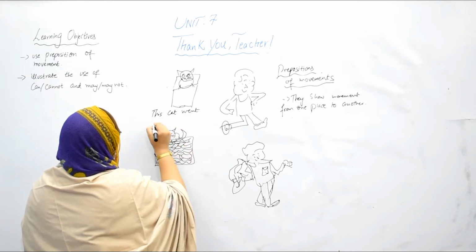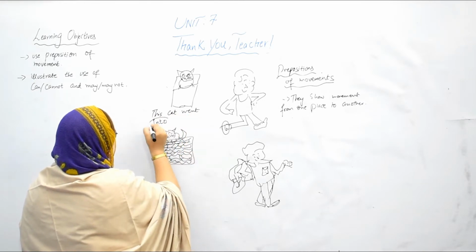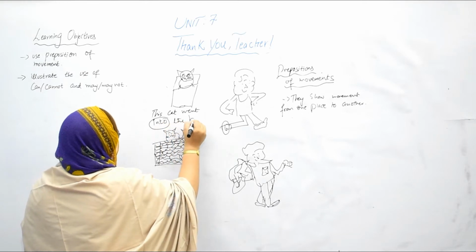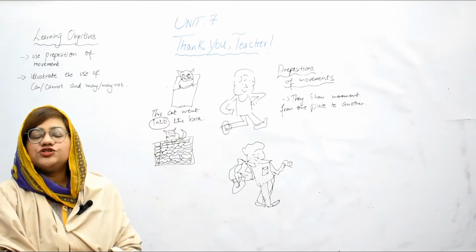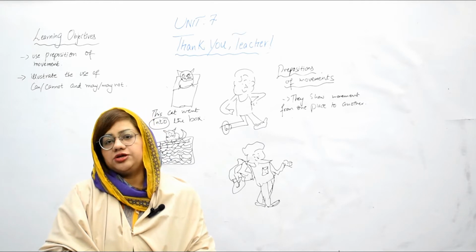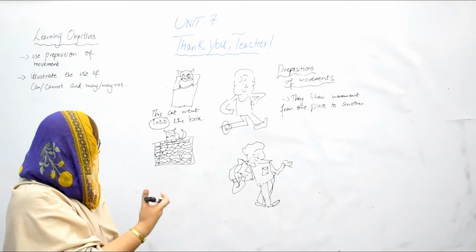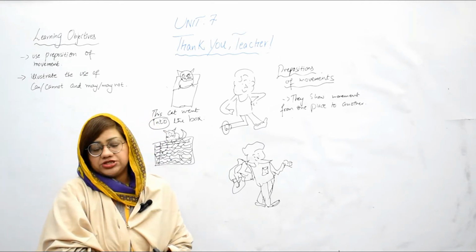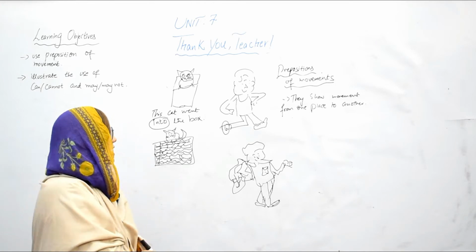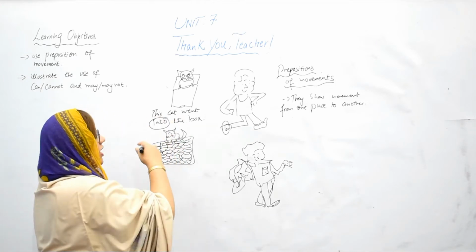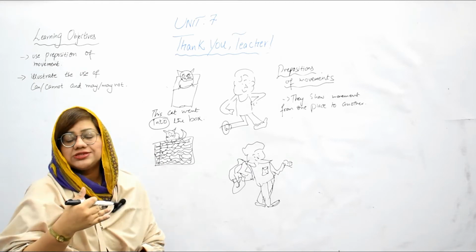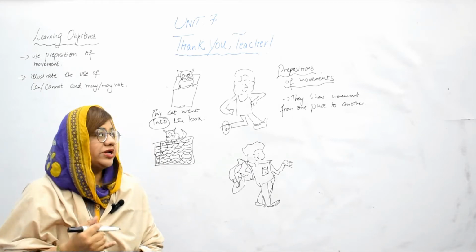What is into? Into is the preposition of movement, in which we explain the type of movement. This cat went into the box. This is a kind of preposition of movement.